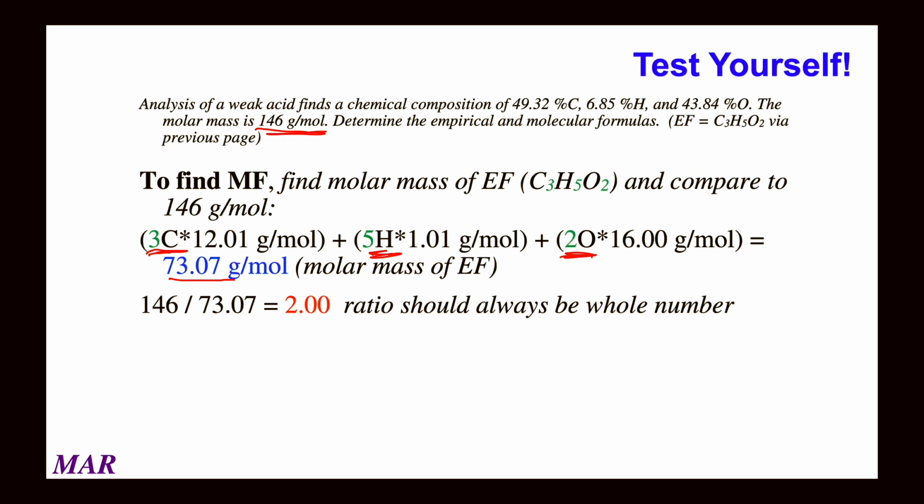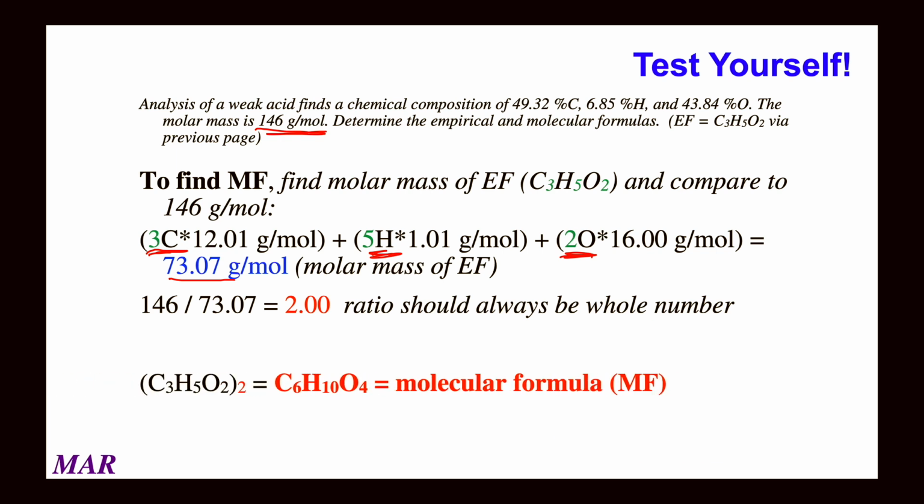If you don't see a whole number here at this level, you probably have done something wrong. In the empirical formula part, you can get into weird fractions, but here the ratio should always be a whole number. So because the ratio is 2, twice the empirical formula, or 2 times C3H5O2, that's going to be our molecular formula.